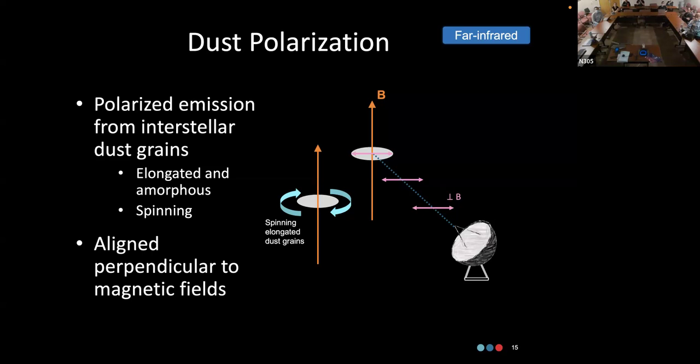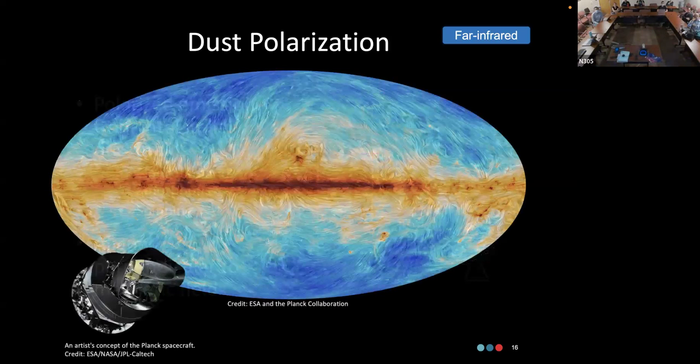A number of telescopes, for example Planck, James Clerk Maxwell Telescope, and SOFIA, have made these observations of galaxies and molecular clouds specifically. So here I'm showing the Planck results. The density structure is shown by the color coding, and the curved or drapery lines show the plane of sky magnetic fields observed by Planck.